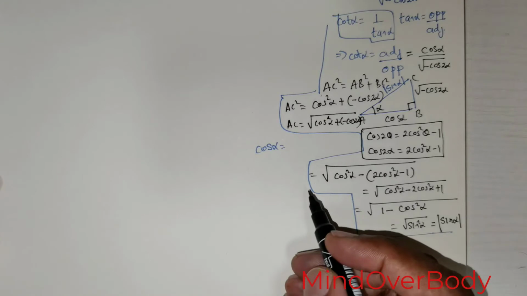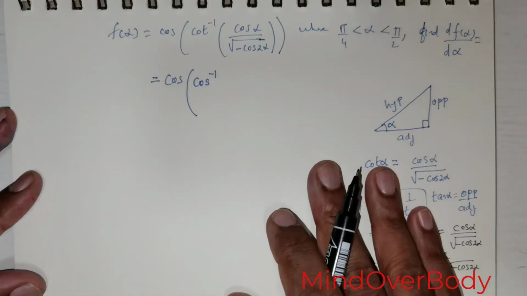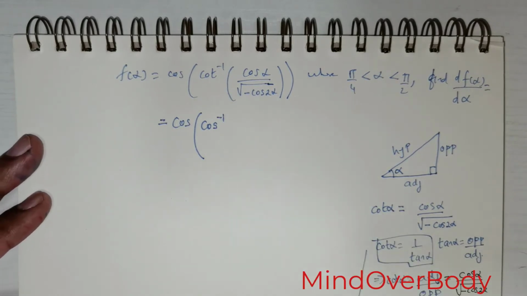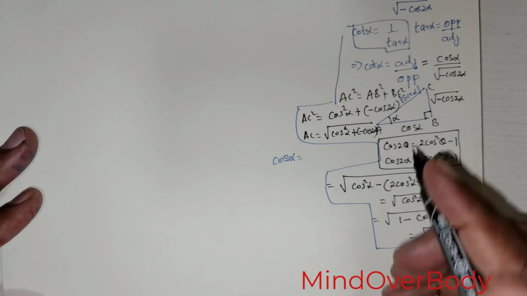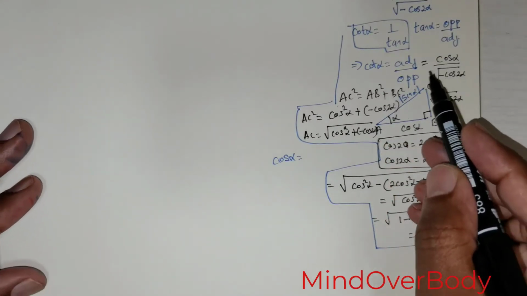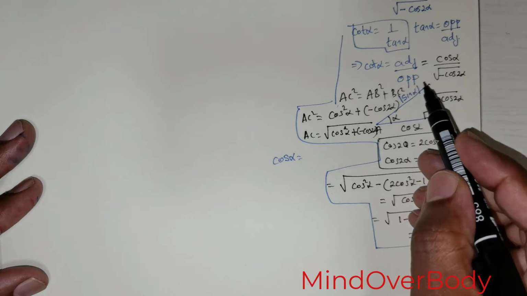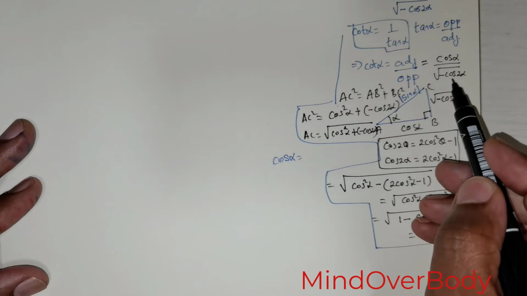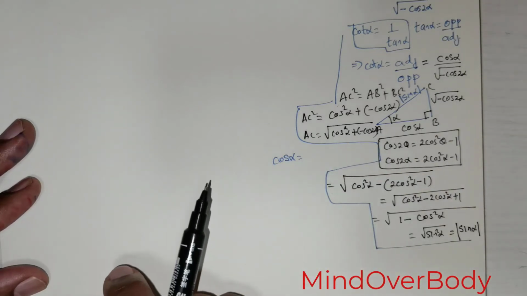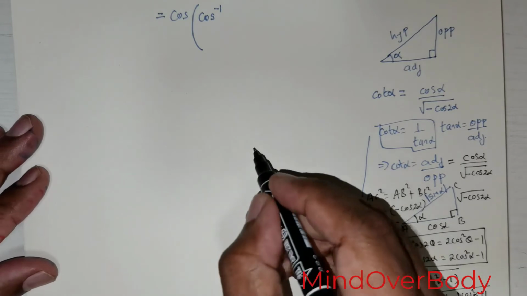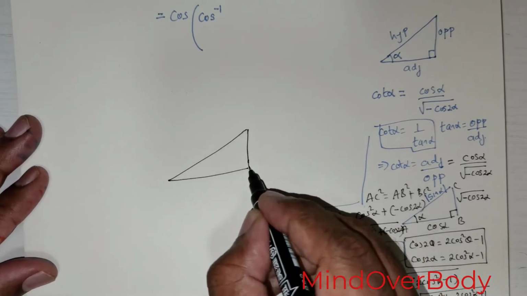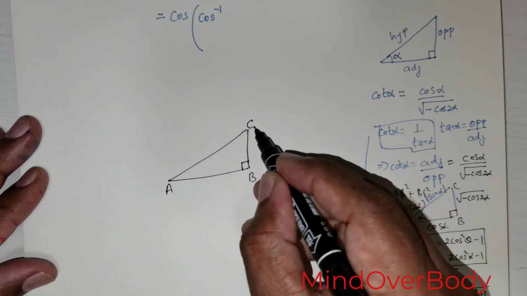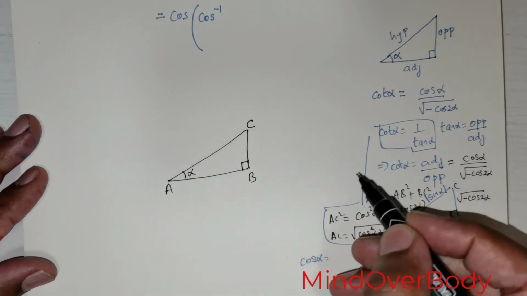Now, as I mentioned to you, my intention is to write this expression cot inverse in terms of cos inverse. So clearly we know that cot alpha is adjacent over opposite side, and that would mean we would have cos alpha over root of negative cos 2 alpha. Now let us represent this by means of a right triangle. So I've got this point A, and points B and C, and this is alpha.